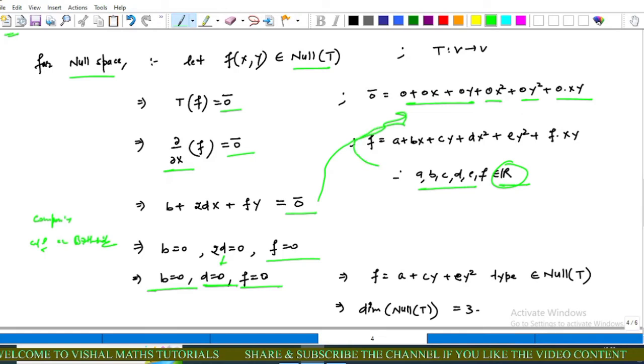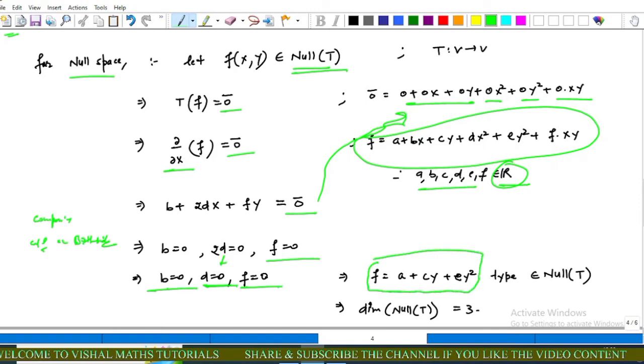For this general polynomial, if it belongs to the null space, these 3 entries b, d, and f are 0 in general. This implies that f = a + cy + ey².